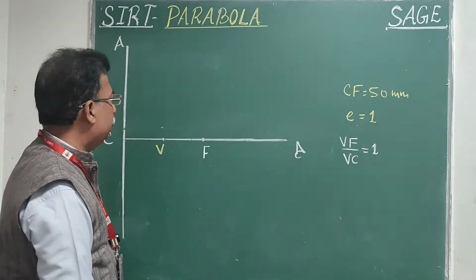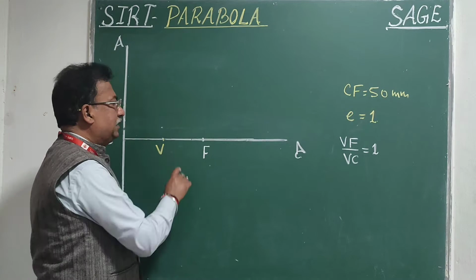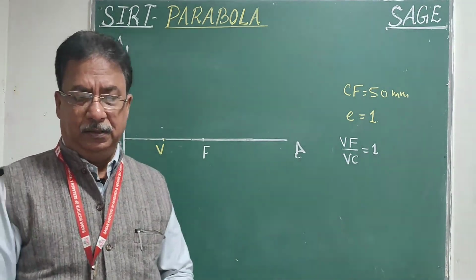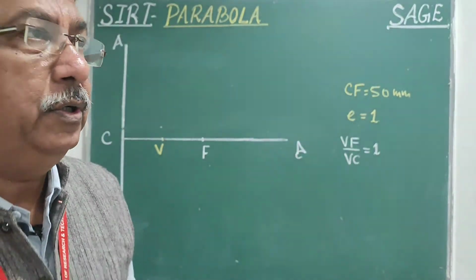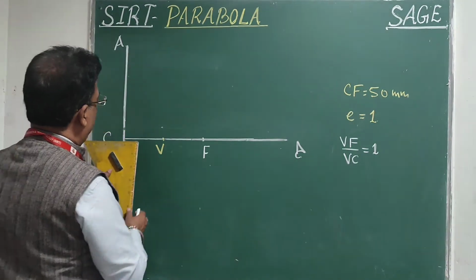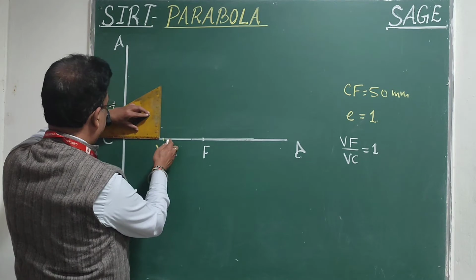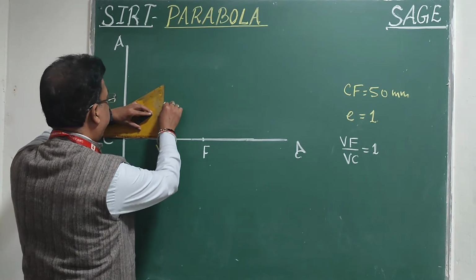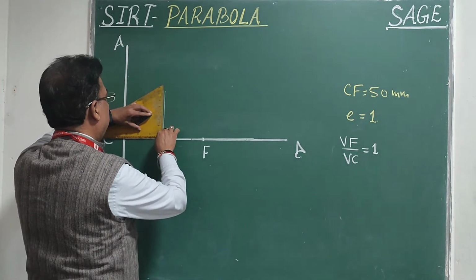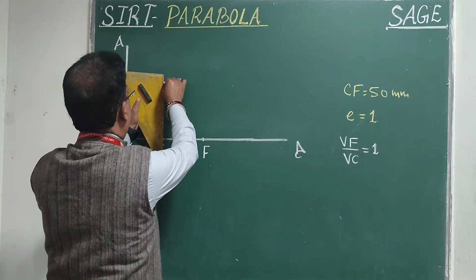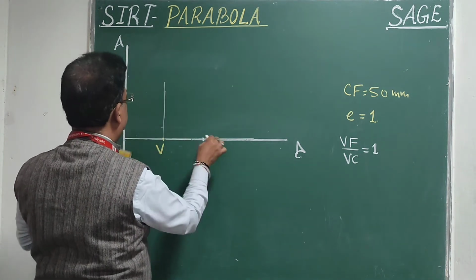Now what I am going to do is maintain this ratio and find out the points on the curve. Next, at point V, I am going to draw a perpendicular to the line CD.